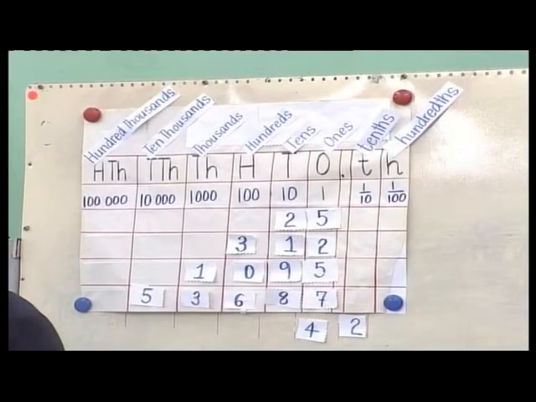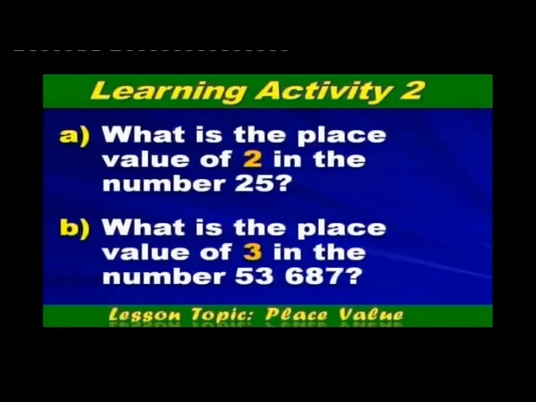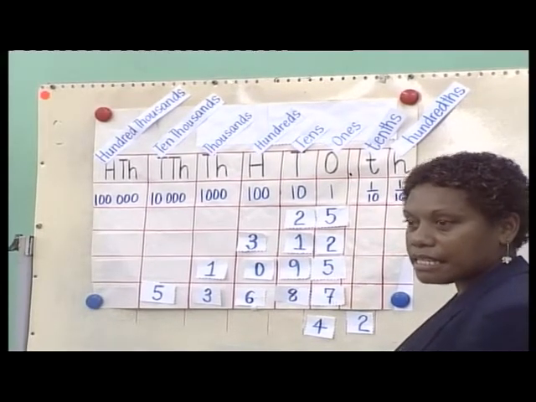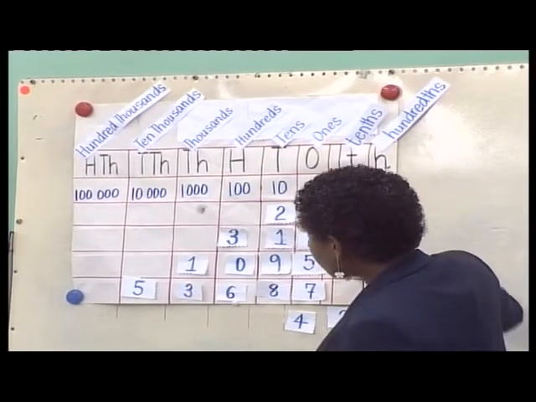Let's have from this group here, what's the place value of 3 in the number 53,687? Group 5. Pastor, give the mic. Thousands. Okay, thank you, Caro. Is it correct? Yes. Here, place value of 3. See? Thousands.